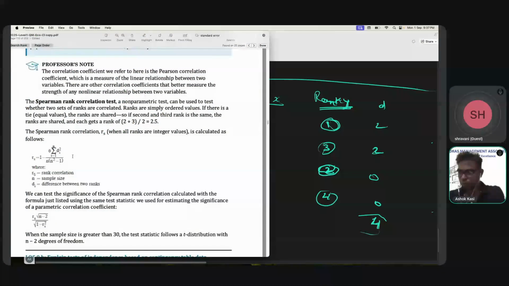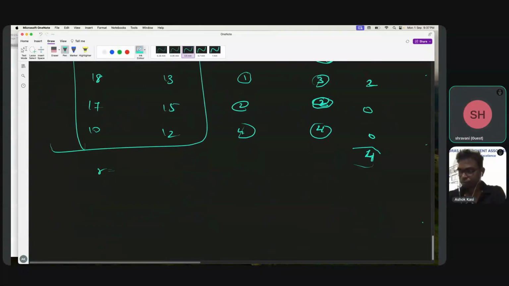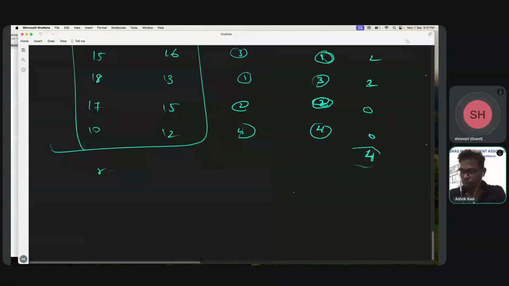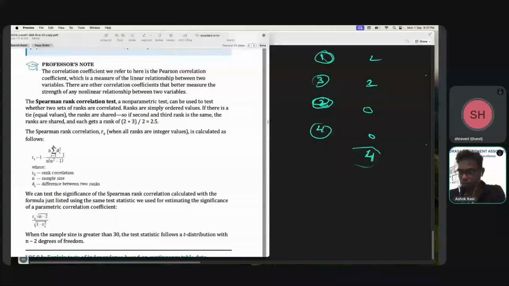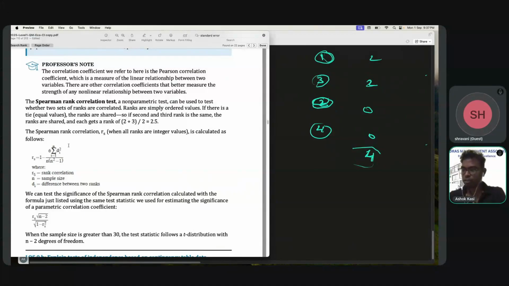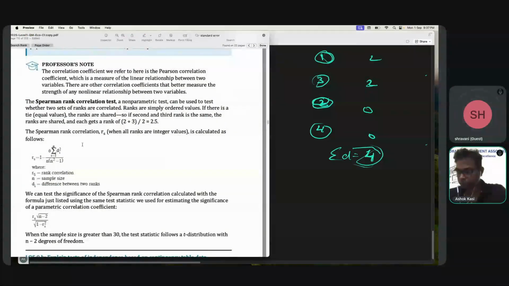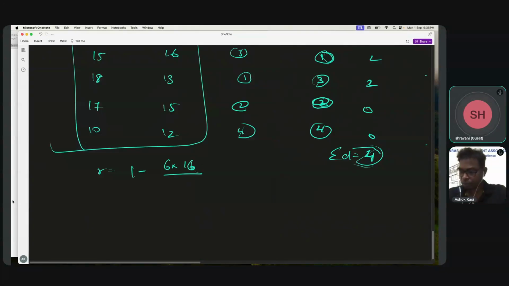So this is 4, and the formula here is R is equal to 1 minus 6 into summation of d square. 6 is a part of the formula. When we try to derive this formula, that time 6 comes in. I'm not getting into the derivation, but it is a part of the formula. So the summation of d square will be 16, correct? So it will become 16 divided by n, which is 4, right? 1, 2, 3, 4. 4 square minus 1.